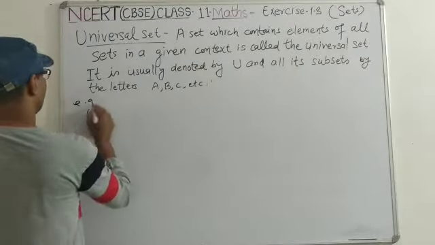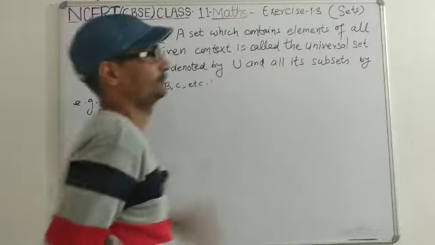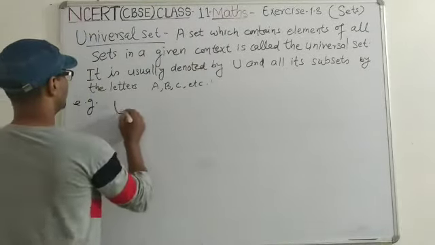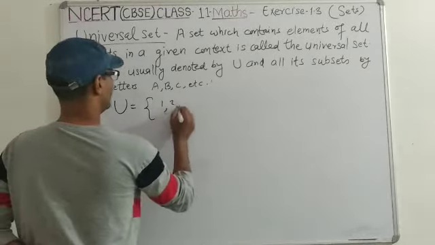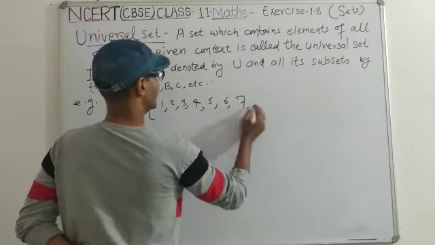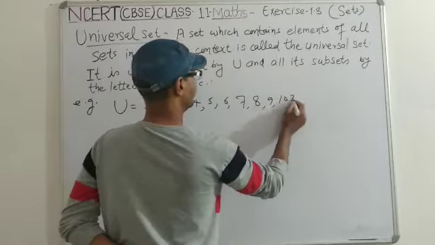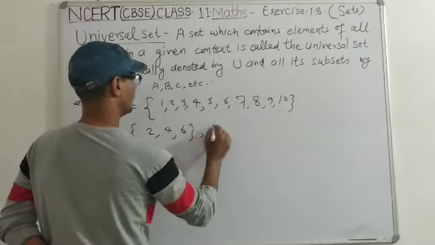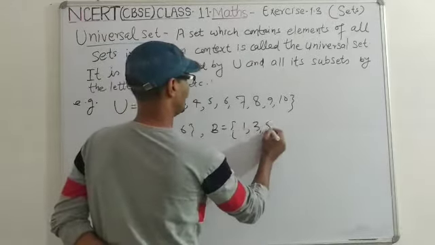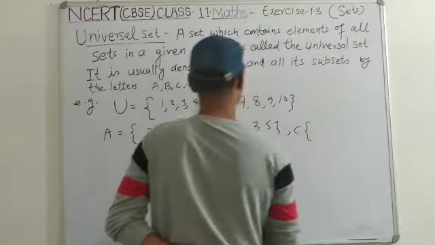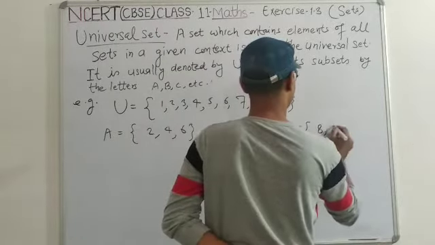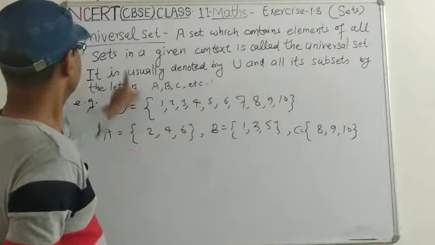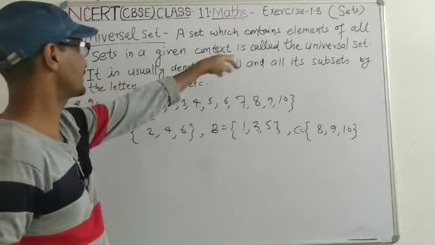For example, what does universal mean? Why is it called universal? Everywhere universal. Like in mathematics, mathematically how to define this? Suppose the universal set is {1, 2, 3, 4, 5, 6, 7, 8, 9, 10}, and here A is {2, 4, 6}, B is {1, 3, 5}, C is {8, 9, 10}. So the elements of A, by definition, a set which contains elements of all sets in a given context is called the universal set.